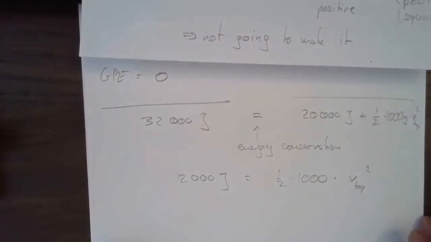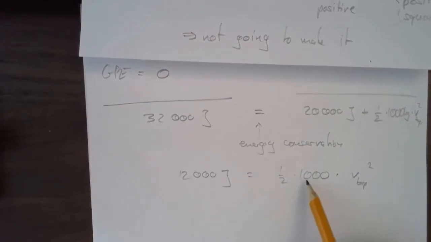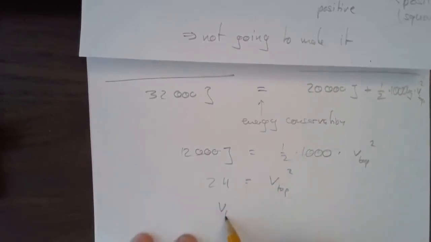Alright, let's figure out what that is. I divide by 1,000, so these cancel, these 1/2, so I've got 24 equals v top squared. So the speed at the top is the square root of 24.